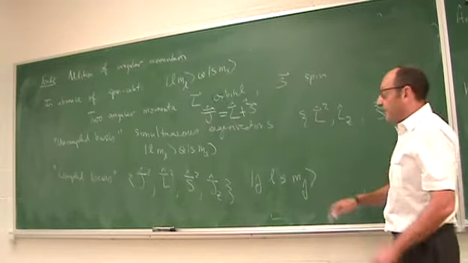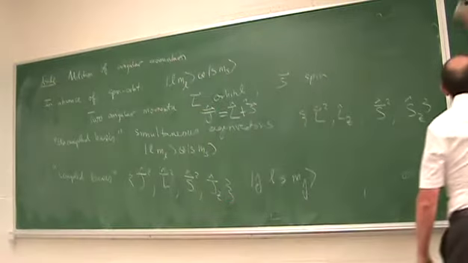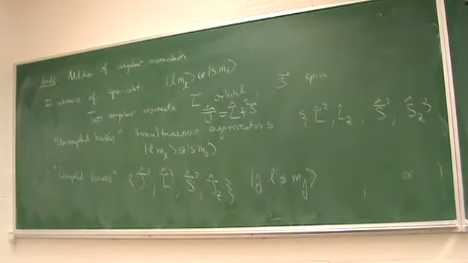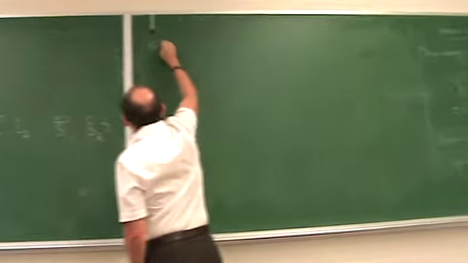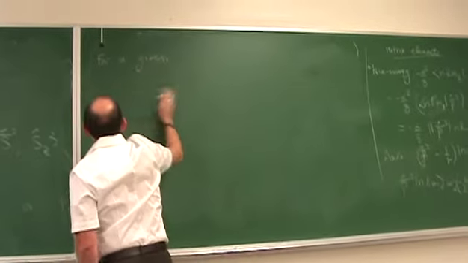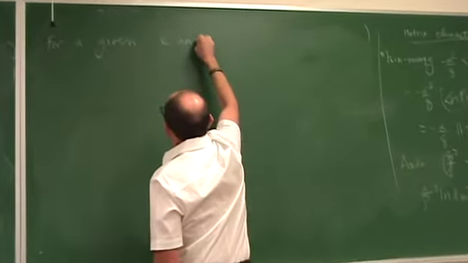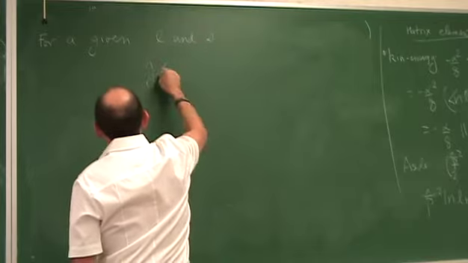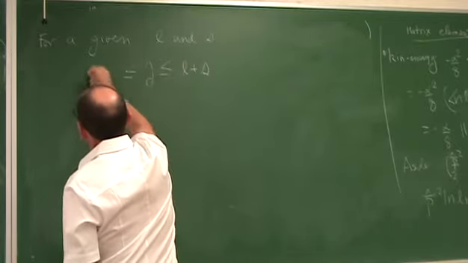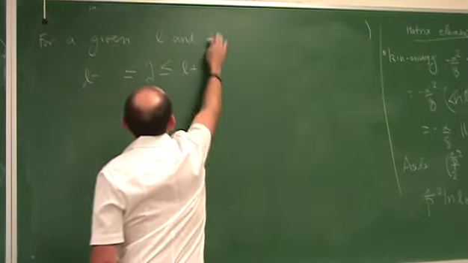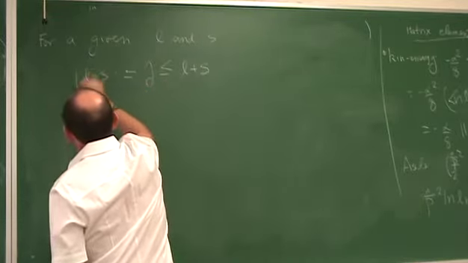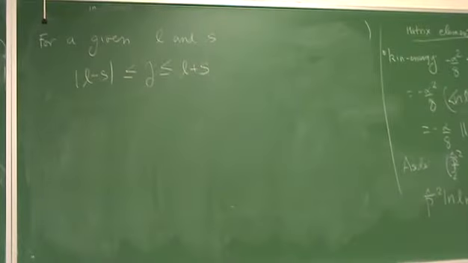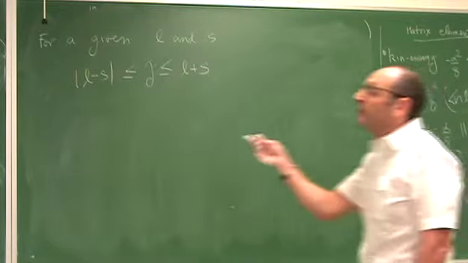And of course, you remember that if I have a particular, for a given L and S, then J can take on values between L plus S and the magnitude of L minus S. This would be true, of course, no matter what 2 quantum numbers I'm talking about.